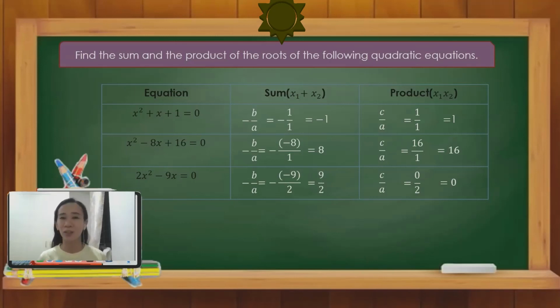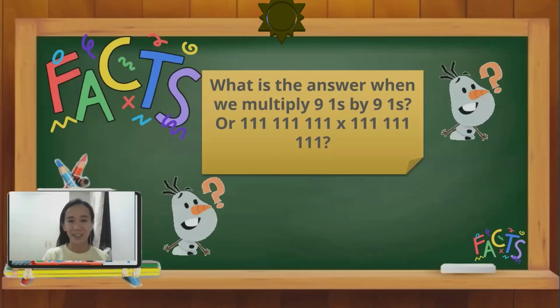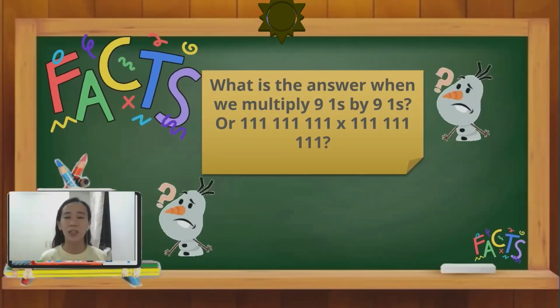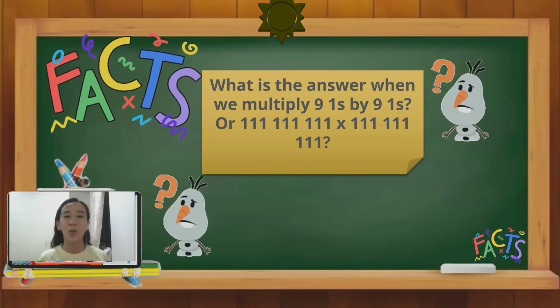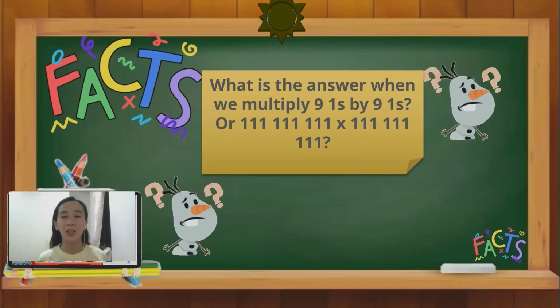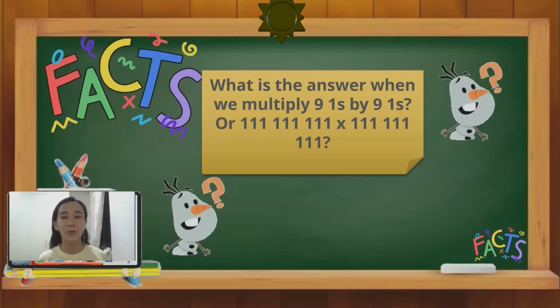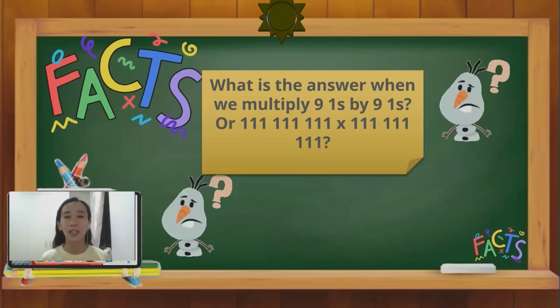Now, let us go back to our trivia. What is the answer when we multiply 9 ones by 9 ones, or 111,111,111 times 111,111,111?